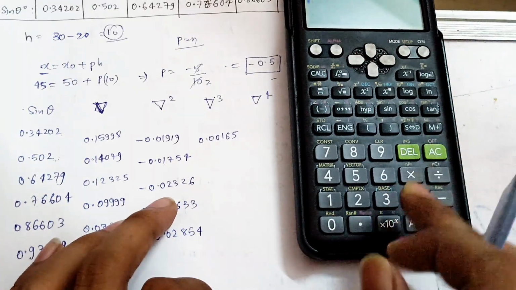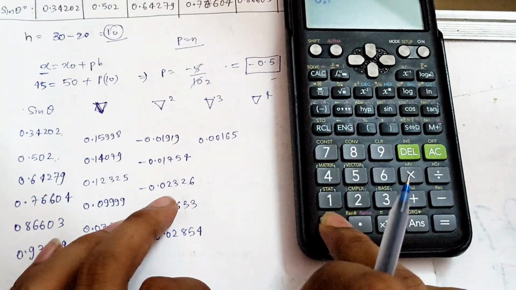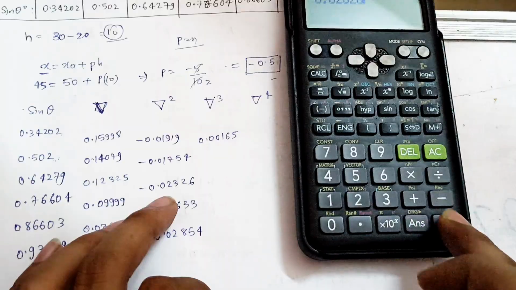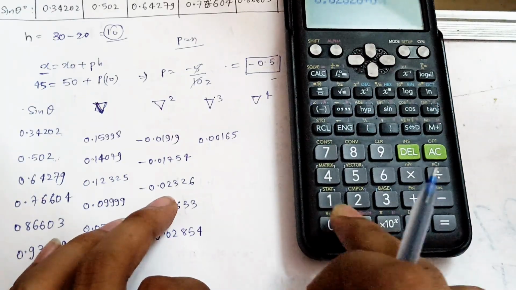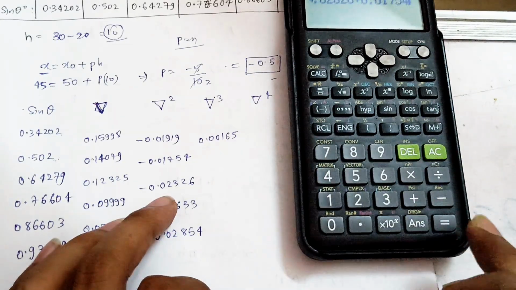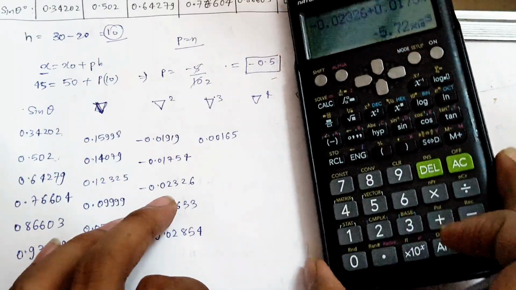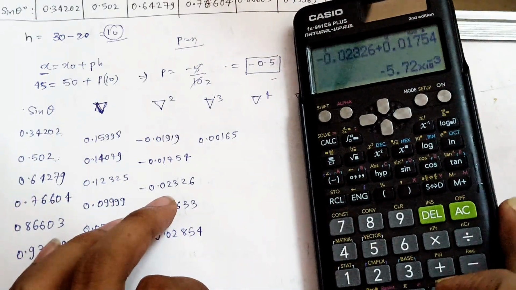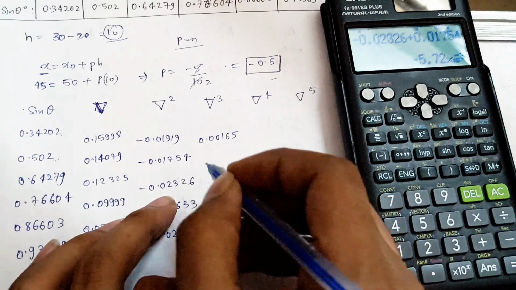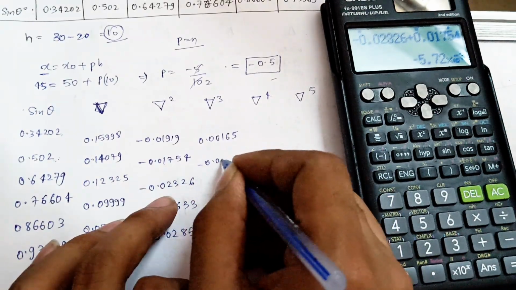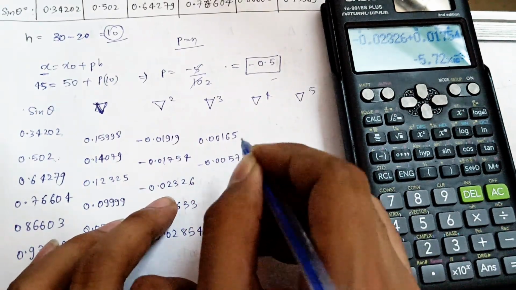The next value is minus 0.02326 plus 0.01754, that is equal to minus 5.72 into 10 to the power minus 3, that is minus 0.00572.